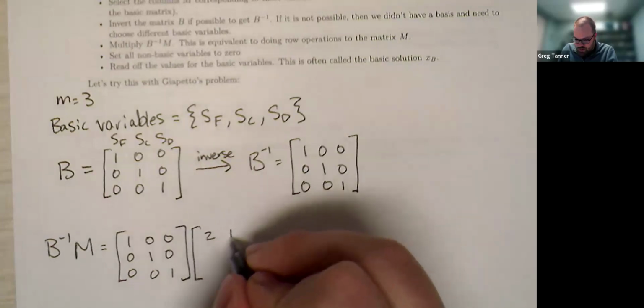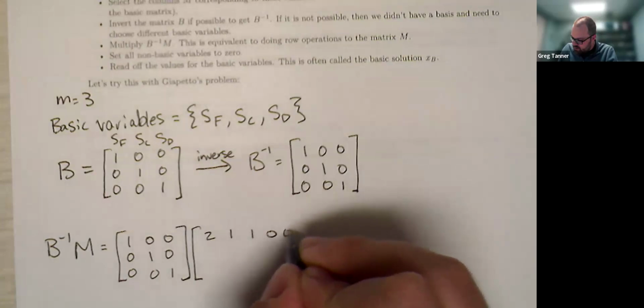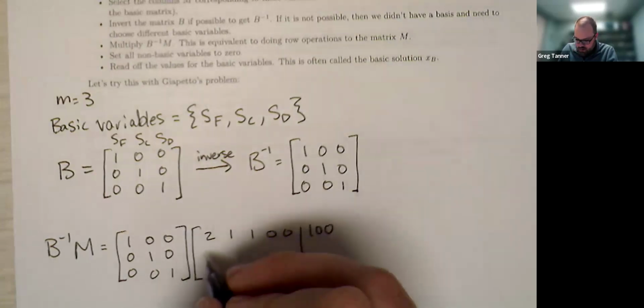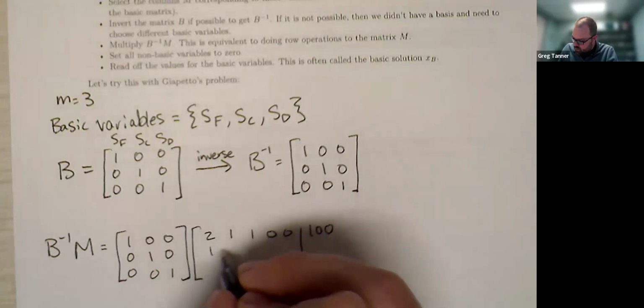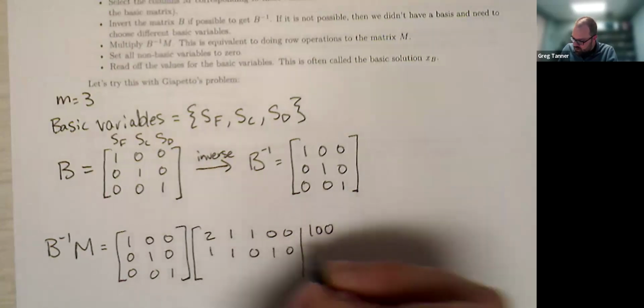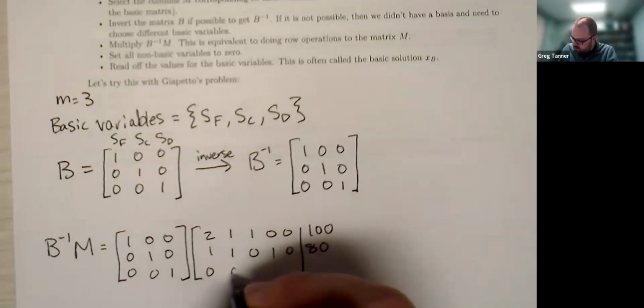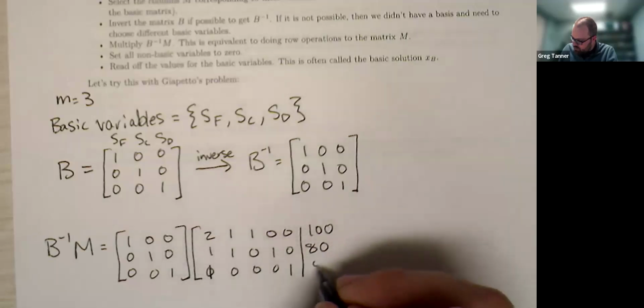matrix, which is 2, 1, 1, 0, 0, 100, 1, 1, 0, 1, 0, 80, and 1, 0, 0, 0, 1, 40.